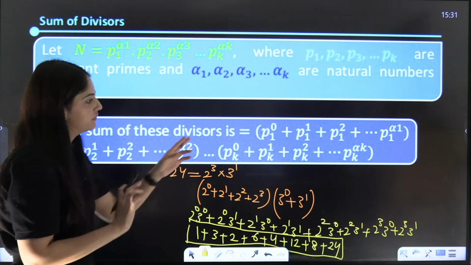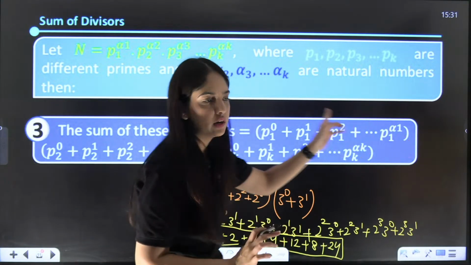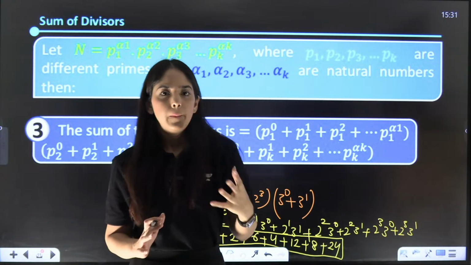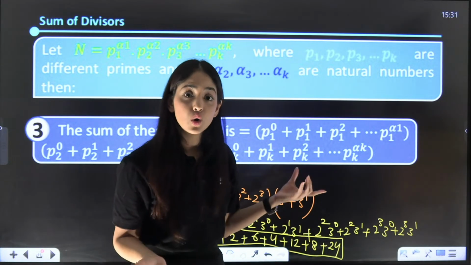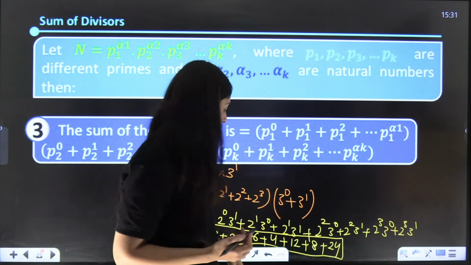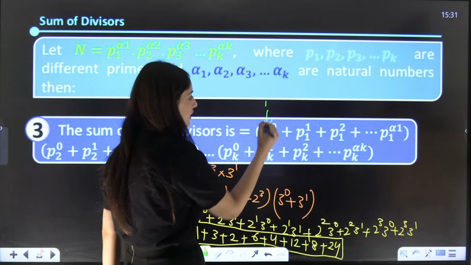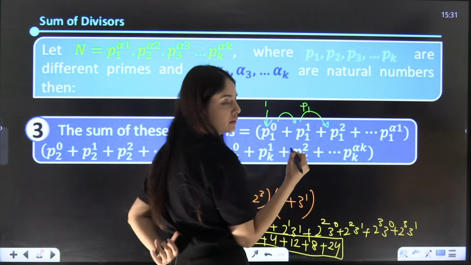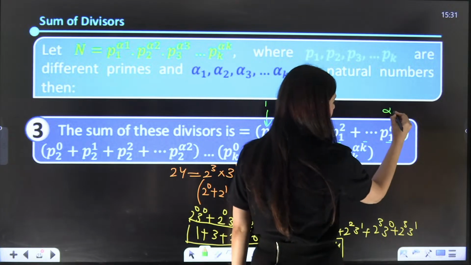Now, to generalize, we have p1 raised to power 0 plus p1 raised to power 1 plus p1 raised to power 2 up to alpha 1, and like that for each of these prime numbers. It still seems like a lot of work, but if you know what a GP is, each individual bracket is a GP with the first term as 1, common ratio as p1, and number of terms alpha 1 plus 1.